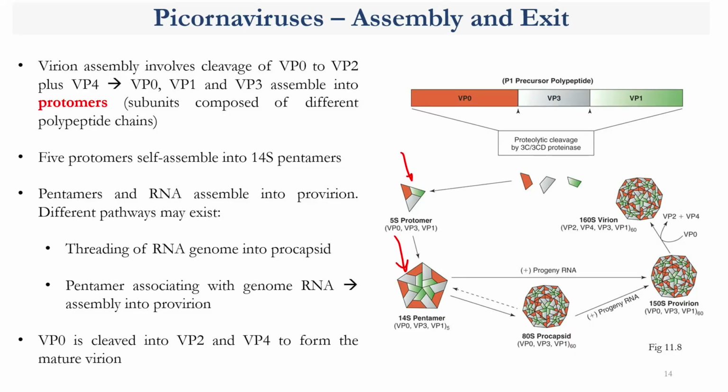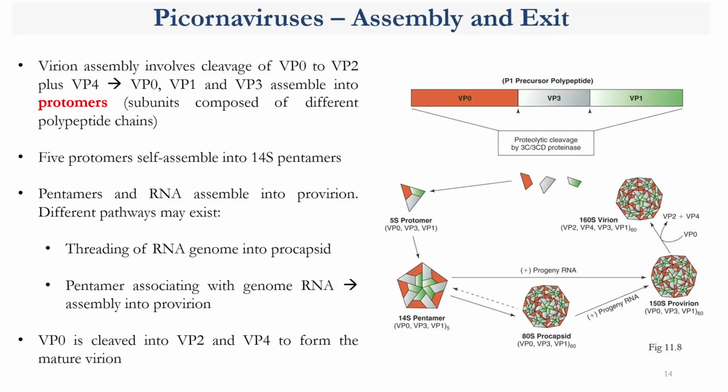And from there on, the structure becomes more and more complex, okay? So 5 of these protomers will assemble into a 14S pentamer. Pentamers, as well as the RNA, assemble into what's called the provirion, okay? So this is a provirion. What that means is it's not a fully mature virus yet, okay?